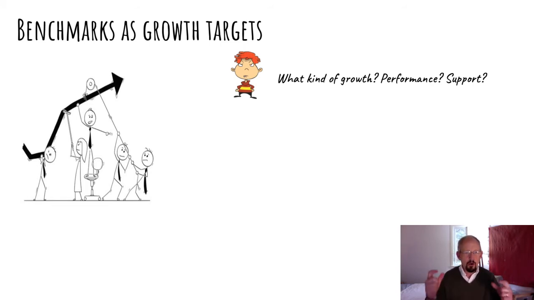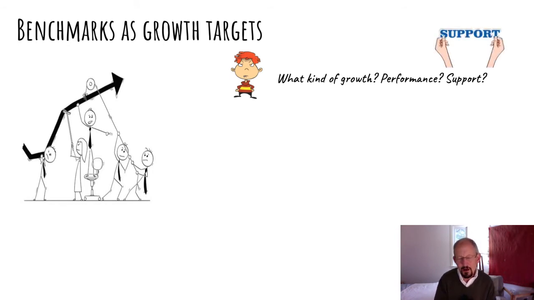Do we want a benchmark that has to do with performance, let's say words per minute, or certain kinds of order of operations in math, or non-compliance in the social emotional area, but we also want that to be increasingly independent, with fading support? So what kind of growth is the question for the benchmark.